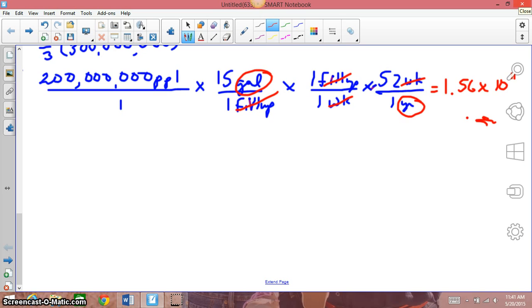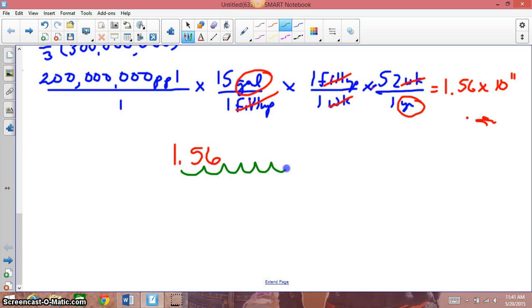So with that said then, what that means is that I have that 1.56. I'd move that decimal 11 places to the right since that exponent's positive. So go over 1, 2, 3, 4, 5, 6, 7, 8, 9, 10, 11. And I'm inserting zeros in all of these places now.